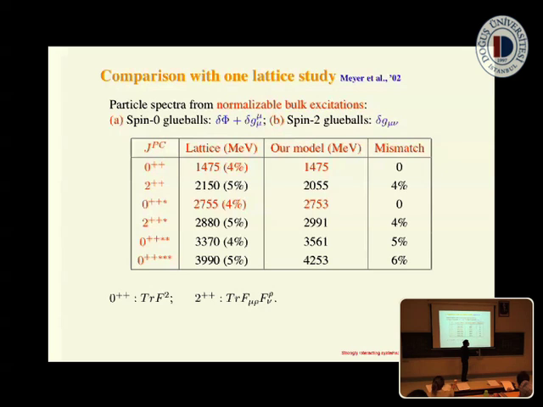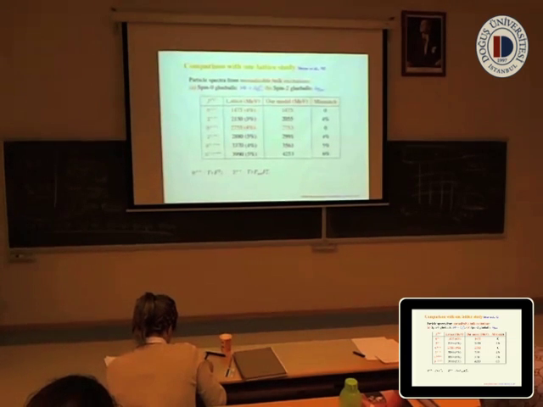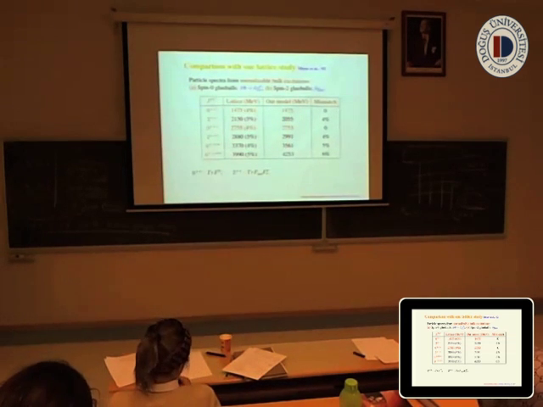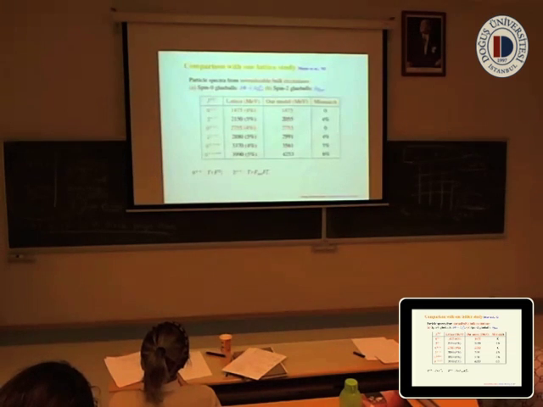So this is a glueball operator. It is a colorless object, but inside it there are all these gluon fields. You can calculate the spectrum of these, and it turns out that the calculations you do in holography are good enough. If you fix two of the parameters, all the rest are predictions. Here I'm showing the lattice data. Here is the result of the holographic model that you obtain, and it's good enough.